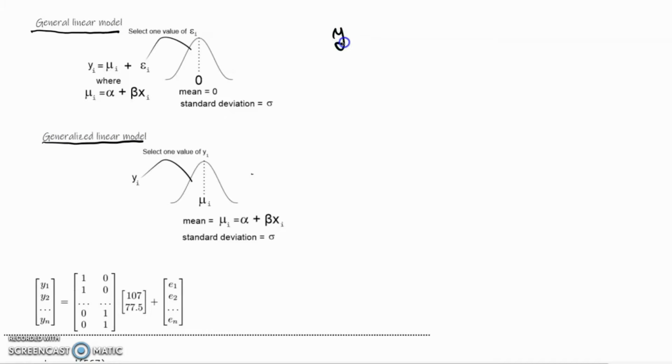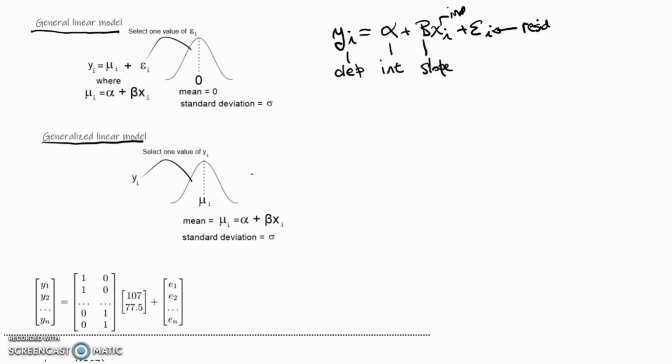And in most of our early statistical courses, we think of a general linear model as the observed values of y being equal to alpha plus b x i plus e i, where this is the dependent variable, this is the intercept, this is a slope, this is the independent variable, and this last thing is the residual.